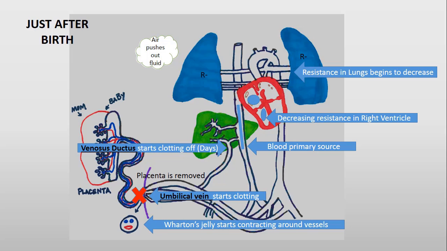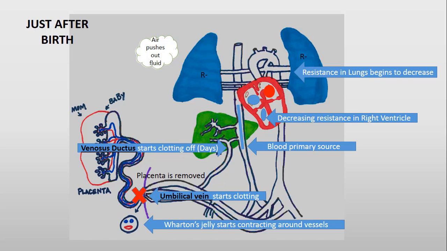So there is not so much resistance in the circulatory process leaving the right ventricle and entering into the pulmonary circulation. So now the lungs are oxygenating the blood and the pulmonary circulation has started.